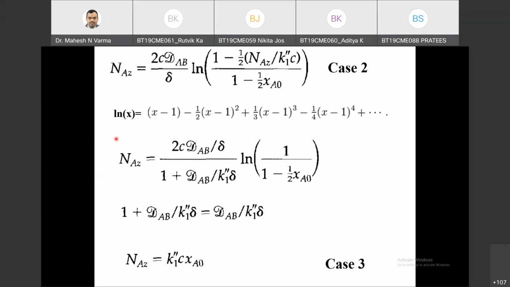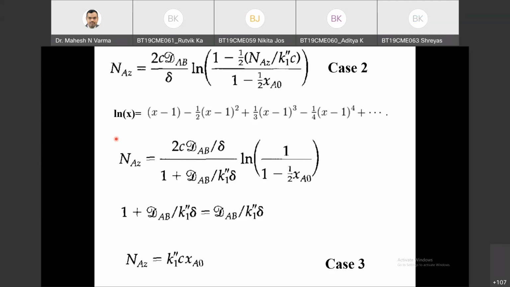Roll number 62, Rameshri. Roll number 63, Shreyas. Hello, sir. Am I audible? Yeah. If kinetics is very, very slow, what will be the concentration profile?